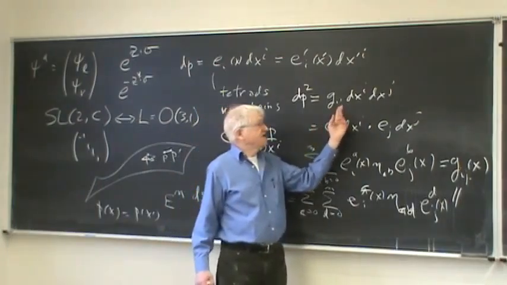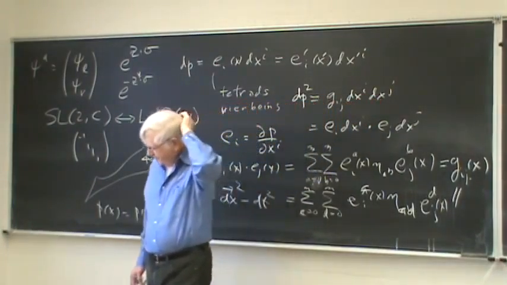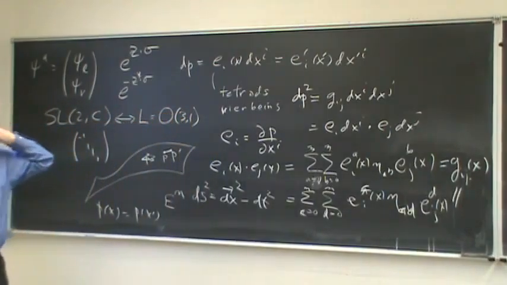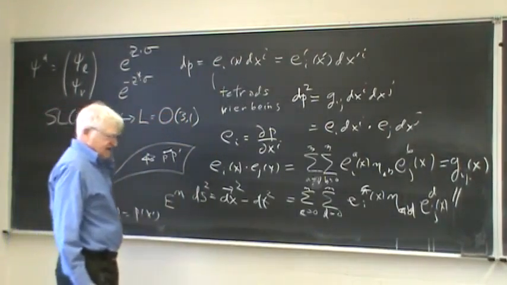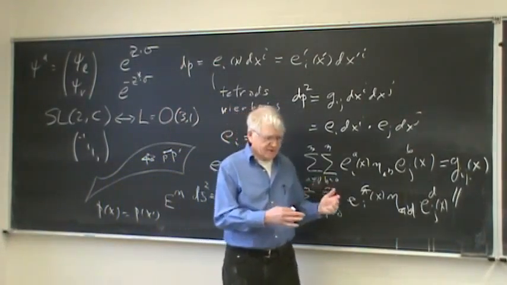It's just g_ij dx^i dx^j. And now the point is, as we'll see in a moment, I'll sort of jump ahead and then write it down.